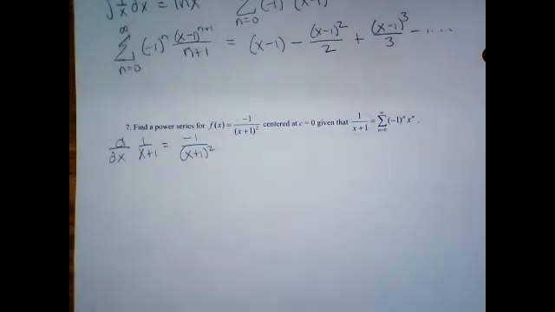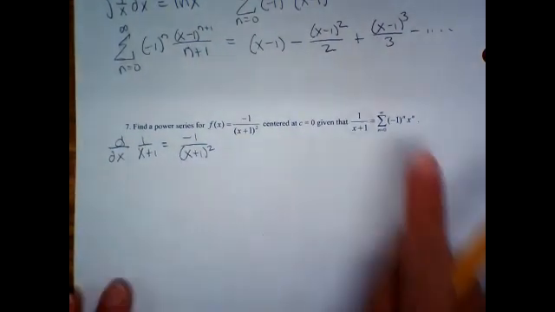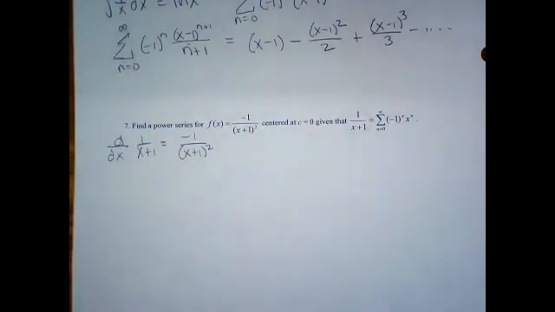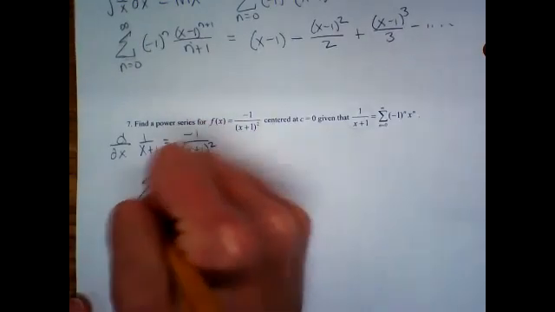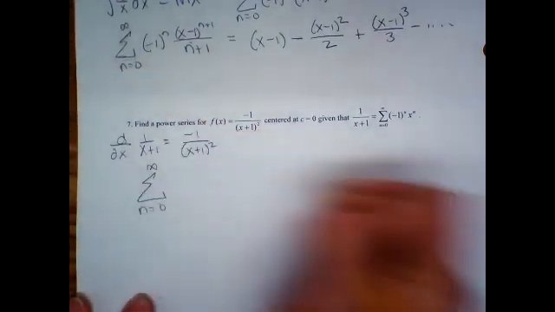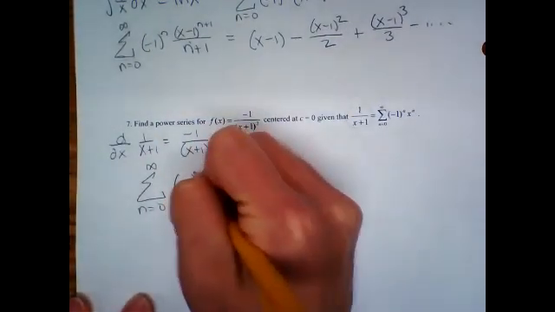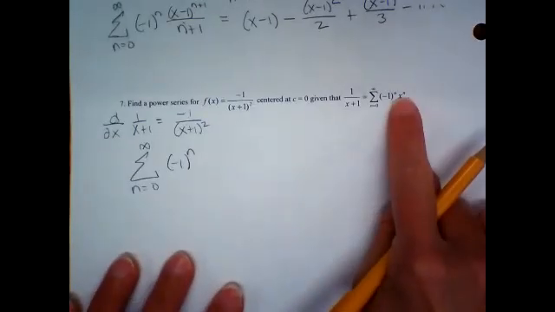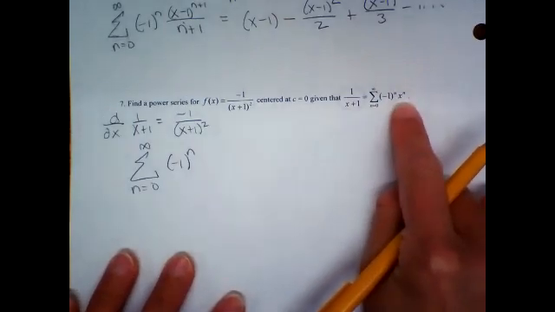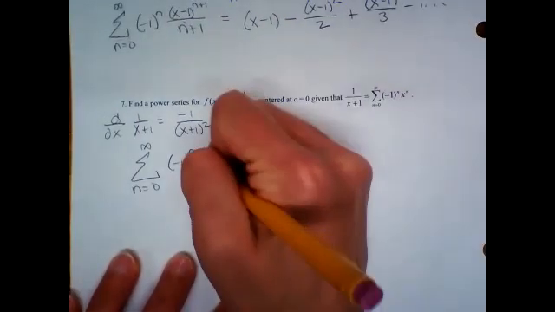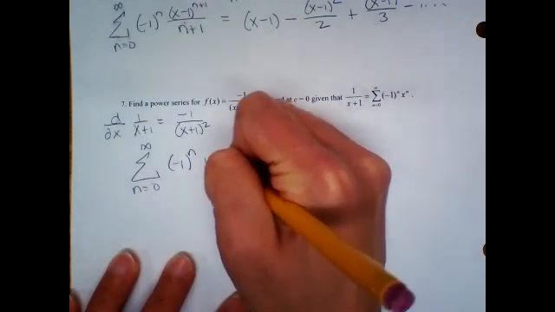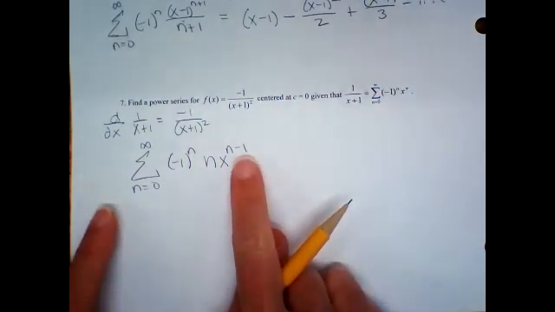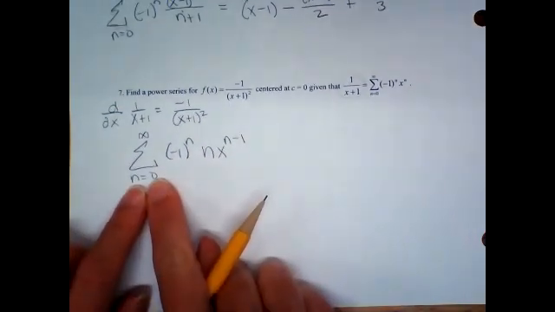d dx is the derivative. So the derivative of the one that they gave us will give us the one that we want. So the -1 to the n, that's just what's going to make it alternate. And then what would be the derivative of this part? n and then x to the n minus 1, which actually is going to make us need to start somewhere different.